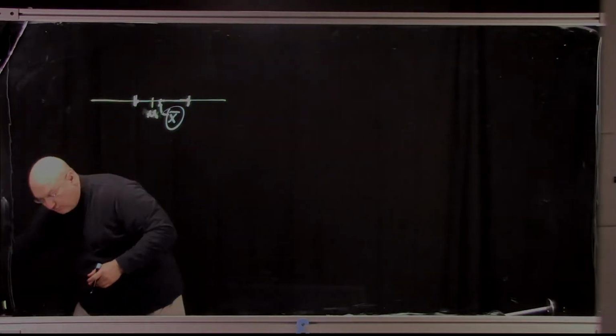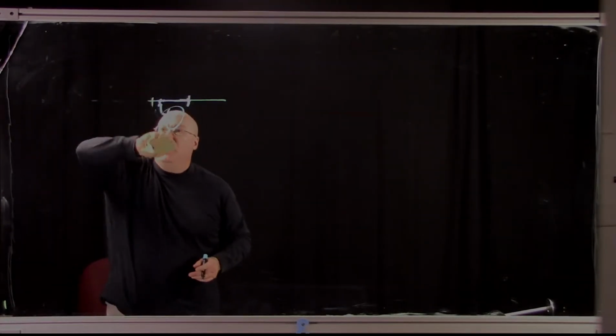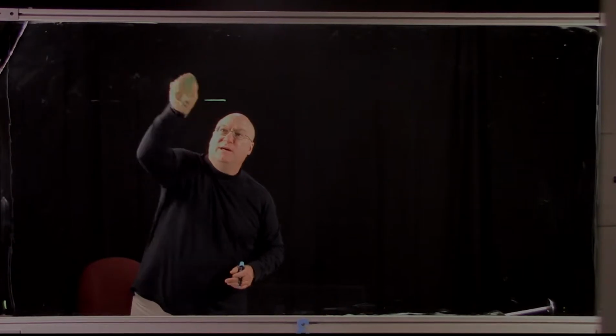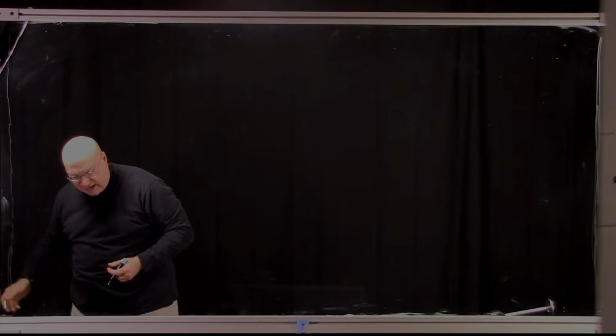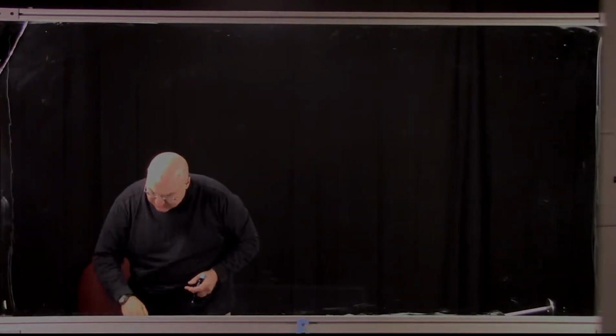So we're going to start off assuming that we want to estimate mu with some interval of possible values, but we happen to know the exact value of sigma. All right, so what can we say?